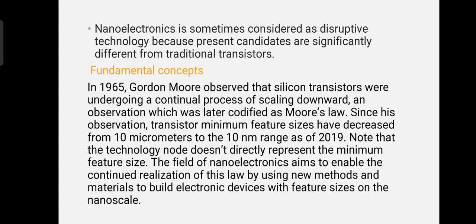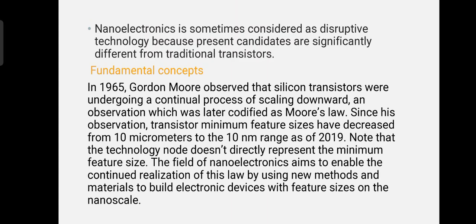Nanoelectronics is sometimes considered a disruptive technology because present candidates are significantly different from traditional transistors. Fundamental concepts: in 1965, Gordon Moore observed that silicon transistors were undergoing a continual process of scaling downward, an observation which was later codified as Moore's law.